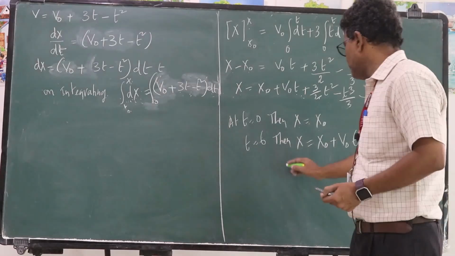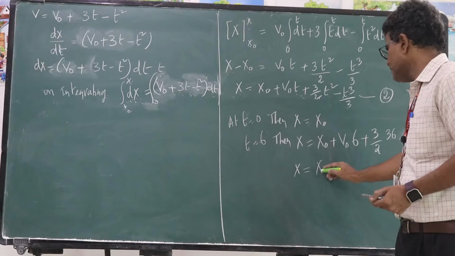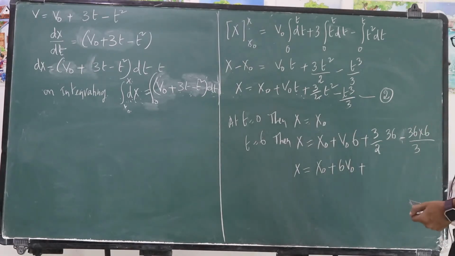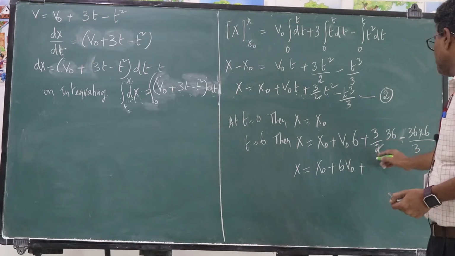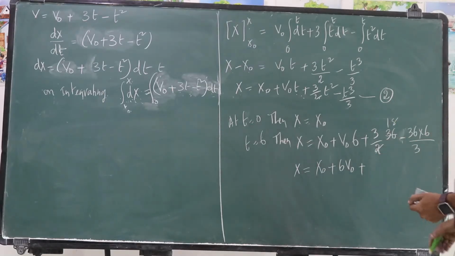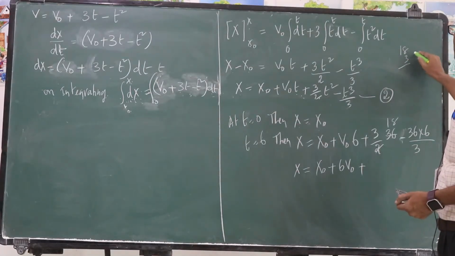So that is x is equal to x naught plus 6 v naught plus, 36 into 3 by 2, 18 into 3, 54.